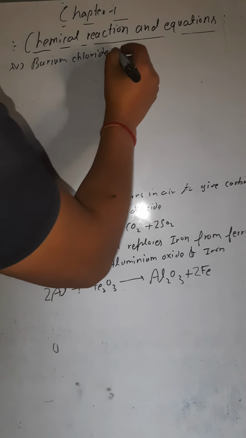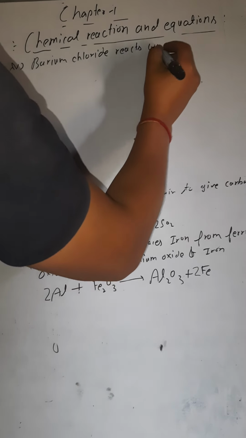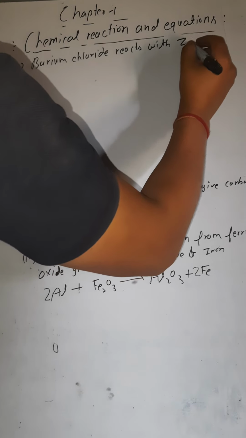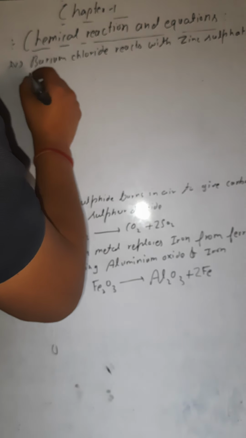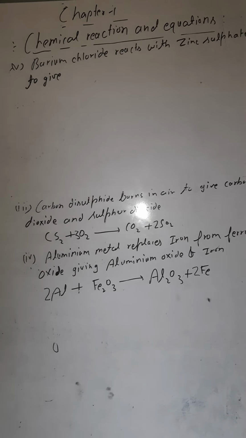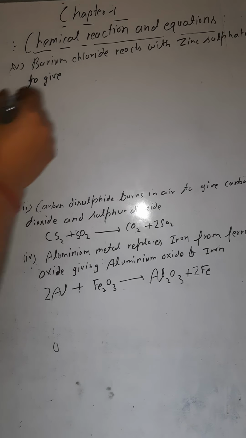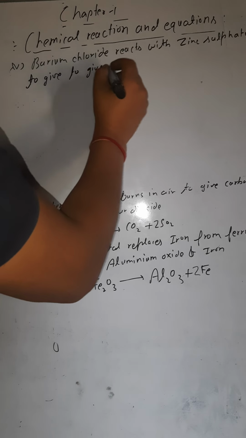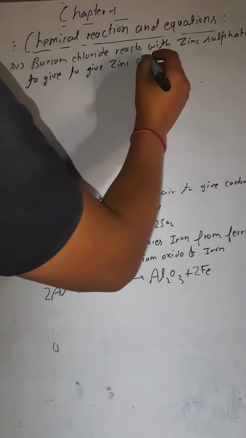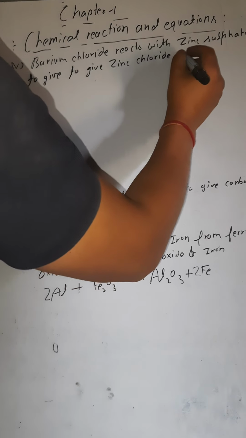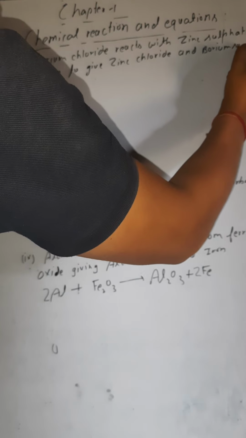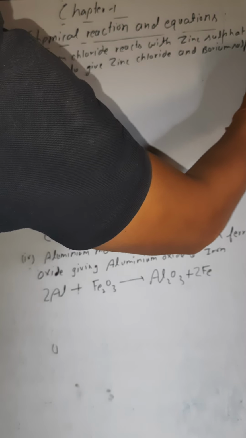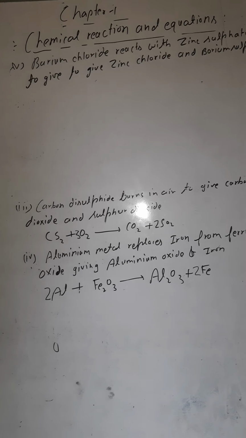Barium chloride reacts with zinc sulfate to give zinc chloride and barium sulfate.